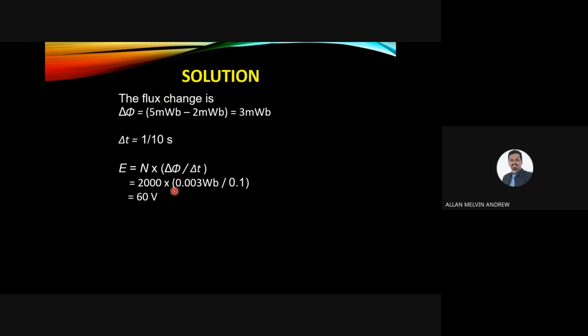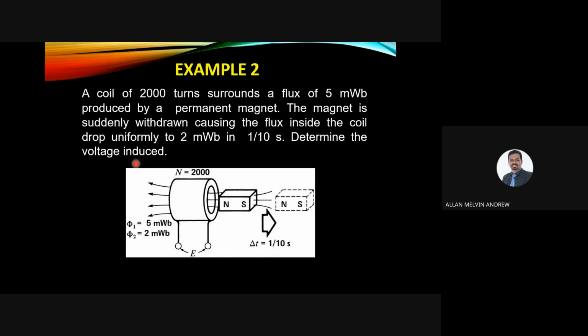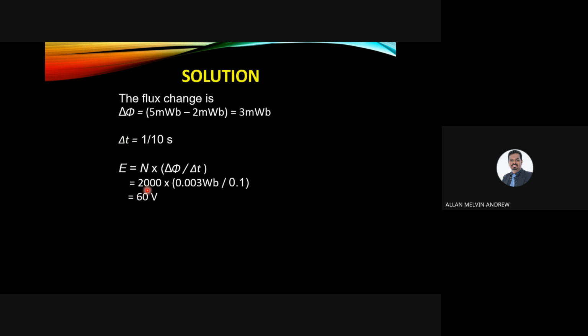The 3 milliweber we change to Weber, so divide by 1000, and we get 0.003 Weber. 1 over 10 is 0.1 second. Once you solve it, the induced voltage is 60 volts.